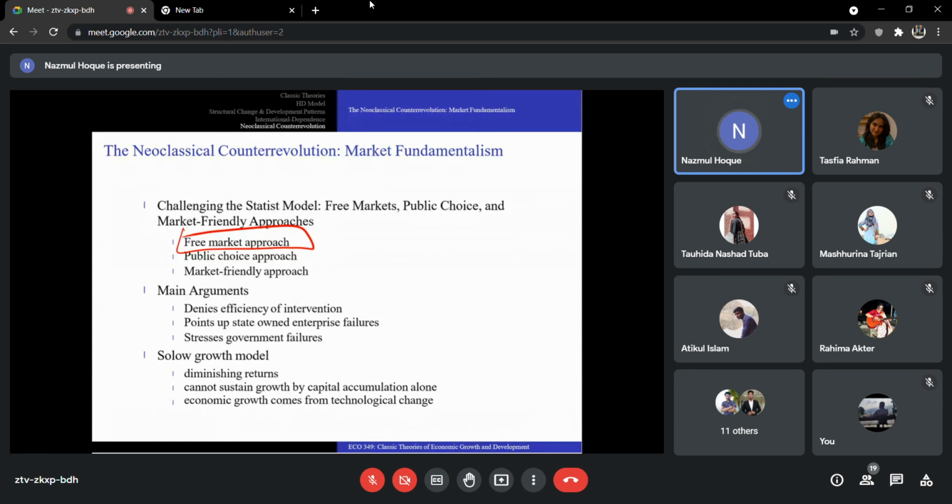We sometimes need intervention of the government. But other than that, the market should determine what should go and how it goes.